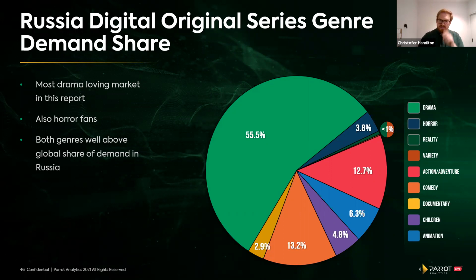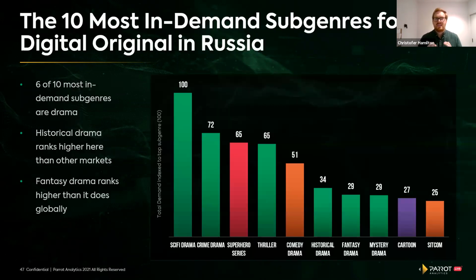And next, we're going to look at, again, the top subgenres for the quarter in Russia. So it gives you a bit of a sense of what types of drama are succeeding in Russia. So again, sci-fi drama is the top ranked subgenre. If you remember back to that first map we shared, Stranger Things was the most in-demand digital original in Russia for the quarter.